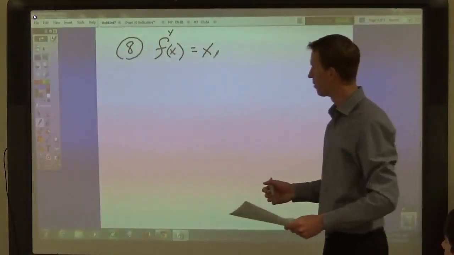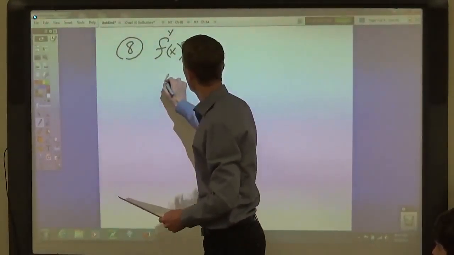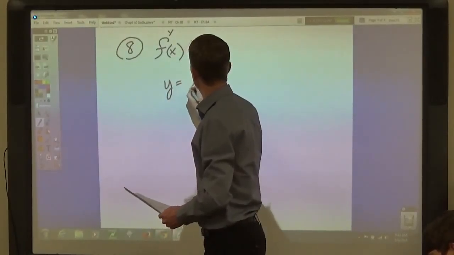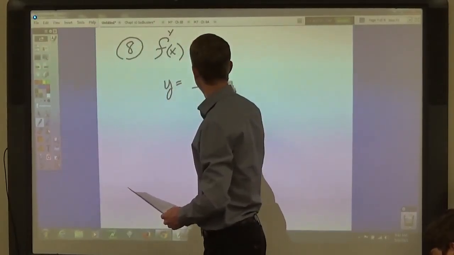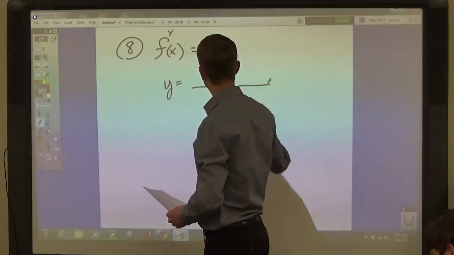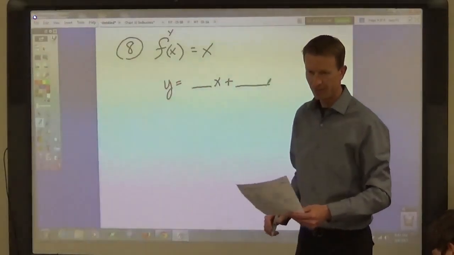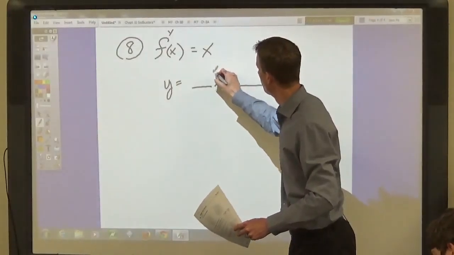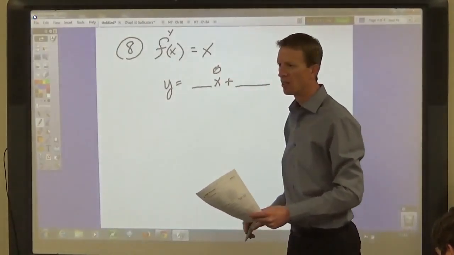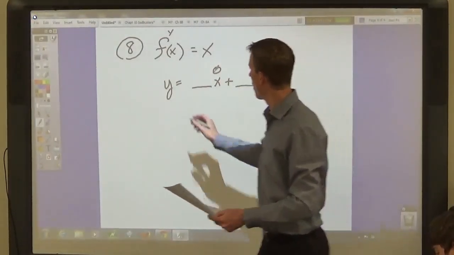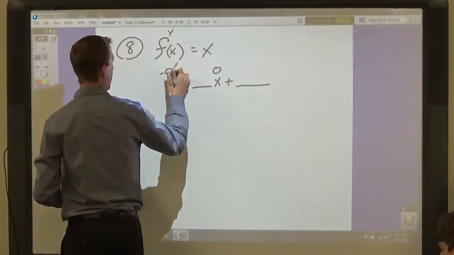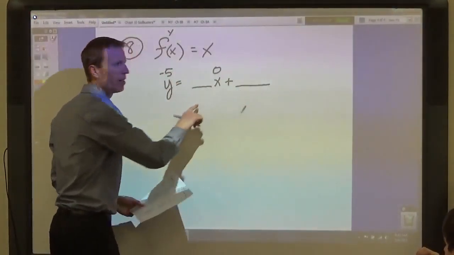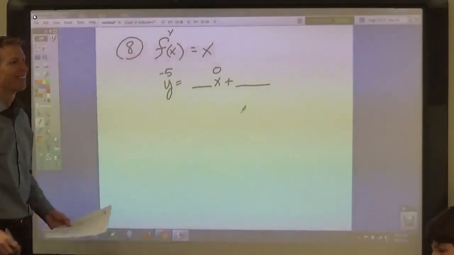I'll give you a hint on this one. What if this was y equals something x plus something? And if x is 0, and y is negative 5, what numbers could you put in here? Huh? I know it.